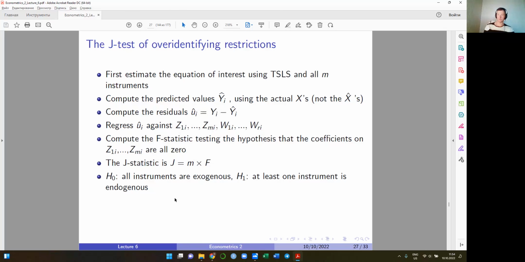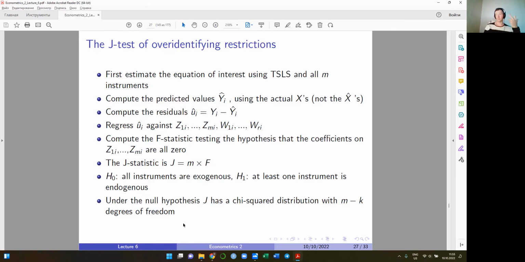And then we are in trouble, because if one instrument is endogenous, it's not a nice thing. Under the null hypothesis, I don't formally prove it, the J statistic has a chi-square distribution with m minus k degrees of freedom.